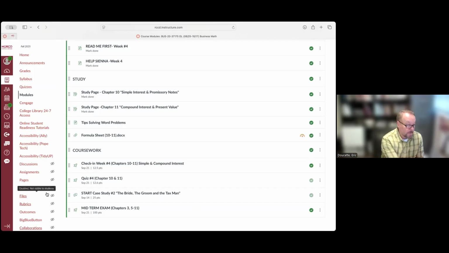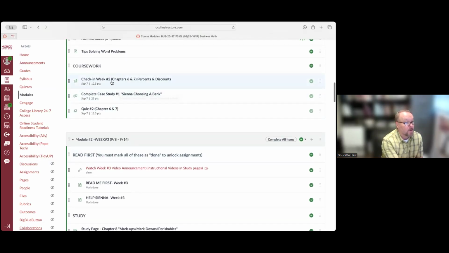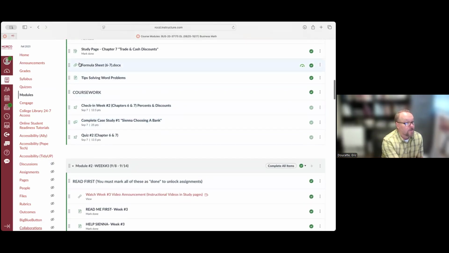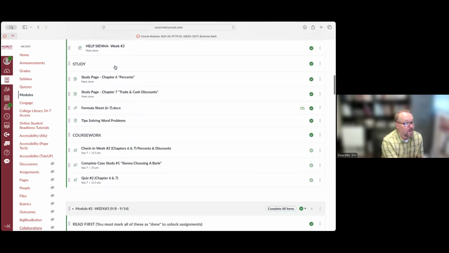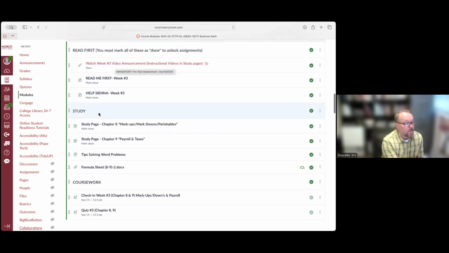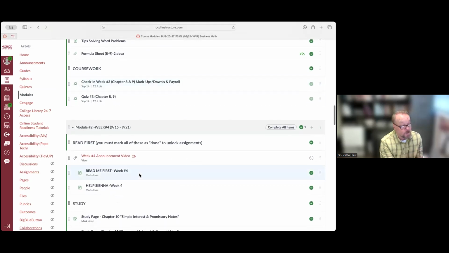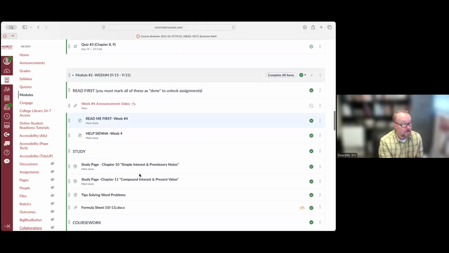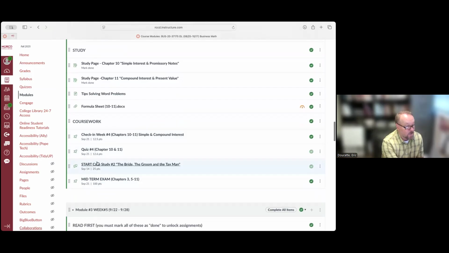Ideally, you would use the formulas for that in the formula sheet from last week, actually, way back here in chapter 9. If you use the formula sheet right here, it actually gives you the tables for figuring out the payroll. I encourage you to use those tables rather than the ones in the book. However, if you do the ones in the book, I also have the solution for those. So it doesn't really matter, I guess. Anyway, that's your case study. So you're going to be completing that.